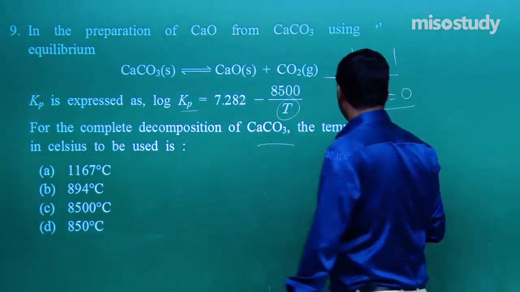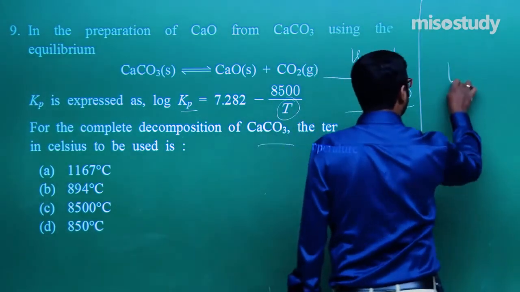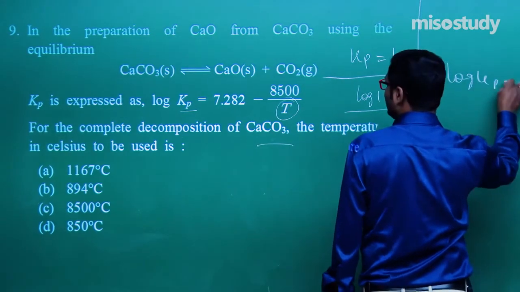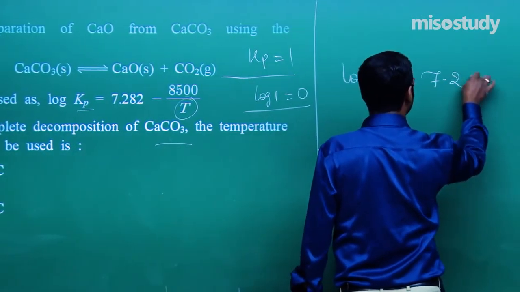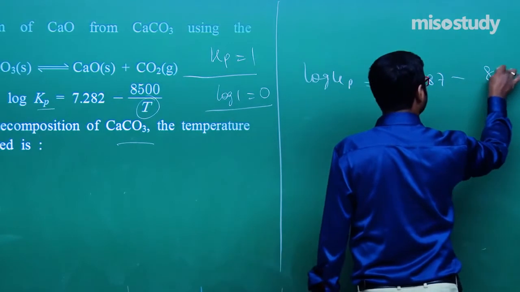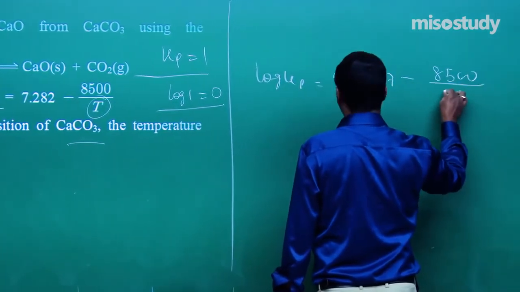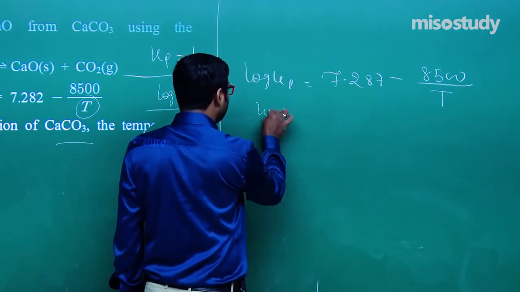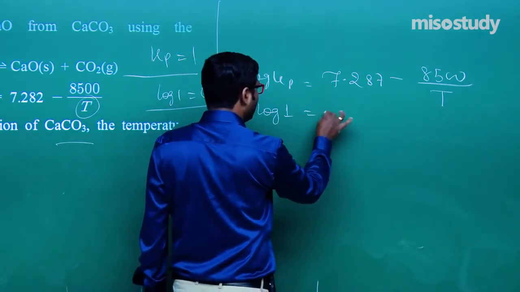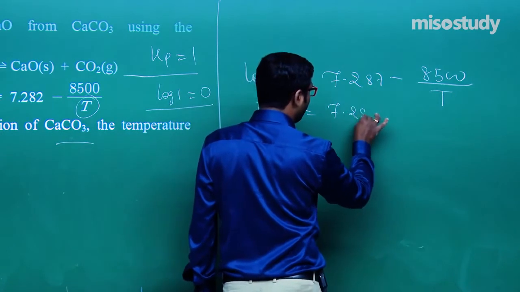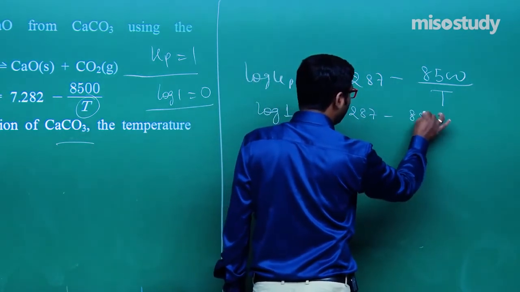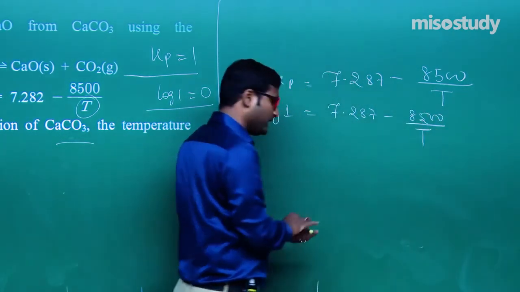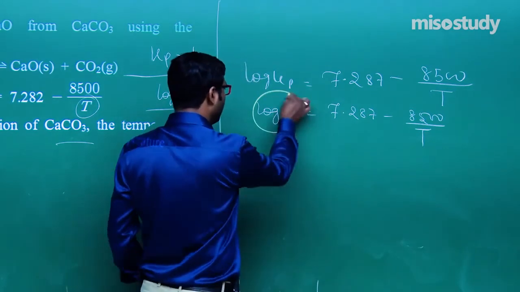So put this value in the expression log Kp is equal to 7.287 minus 8500 upon T. As we know, for complete dissociation Kp is equal to 1, so 0 is equal to 7.287 minus 8500 divided by T. Clear?